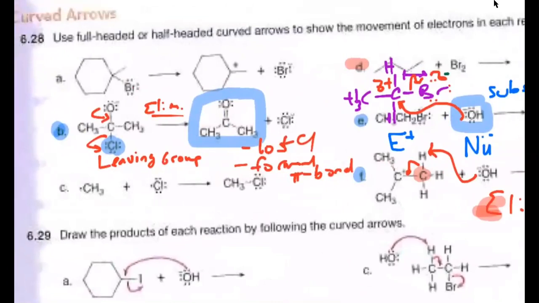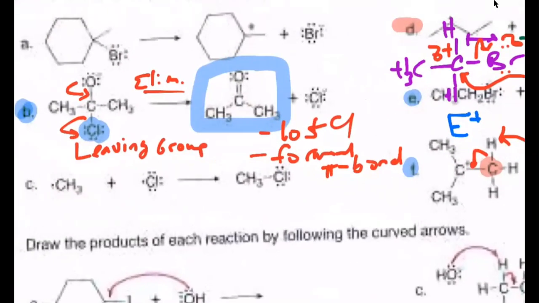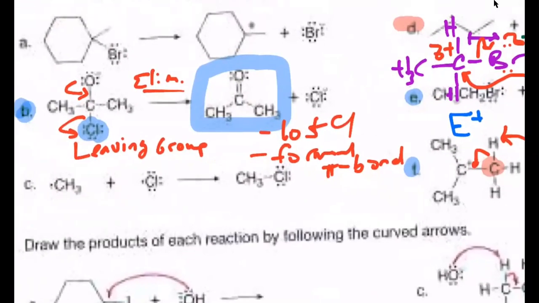C right here. First of all, what type of reaction is it? And then let's see if we can put the arrows in to show how we got from point A to point B. Is it a substitution, do you think? I'll give you a hint. This used to be a CH4. You see that radical right there?